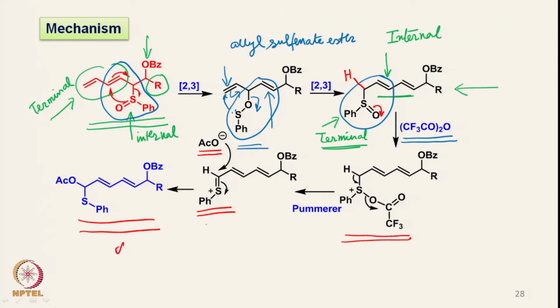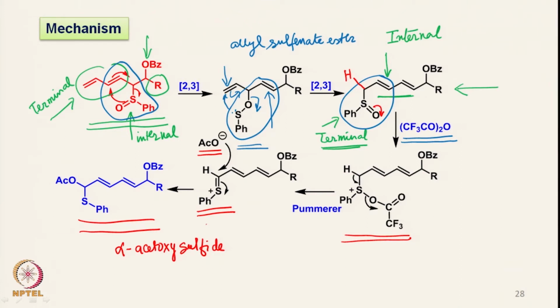So you have an alpha acetoxy sulfide from this rearrangement. This is a beautiful way of converting a very interesting substrate in a very regioselective fashion to this particular alpha acetoxy sulfide.